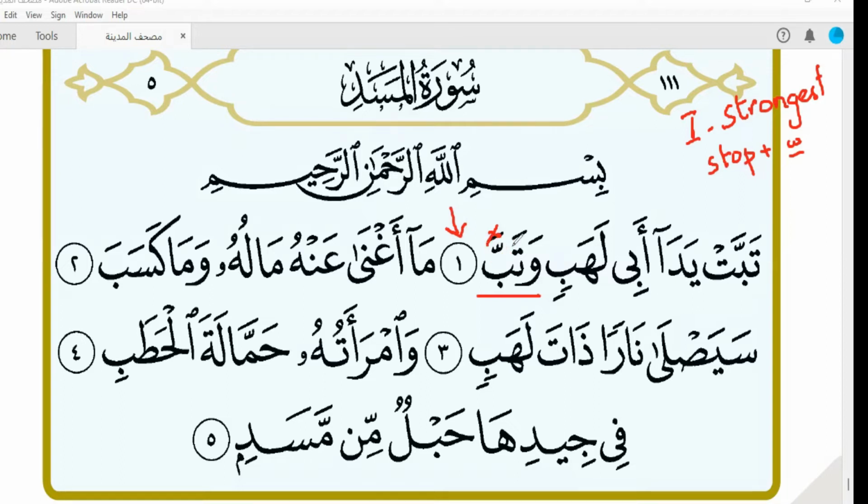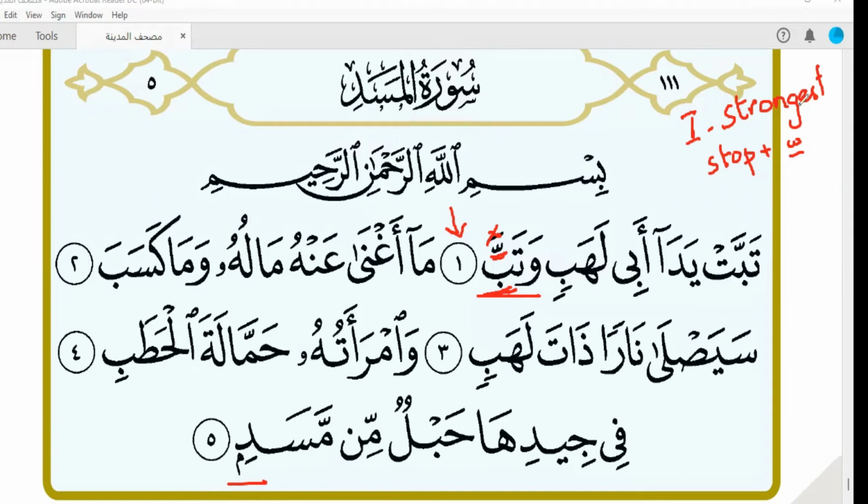So 2 things: you have to stop and there should be a shadda on the qalqala letter. The qalqala letters are 5: qaf, ta, ba, jim, dal, in the phrase qutubu jad. In this surah, we only have ba and dal. So let's concentrate on those.